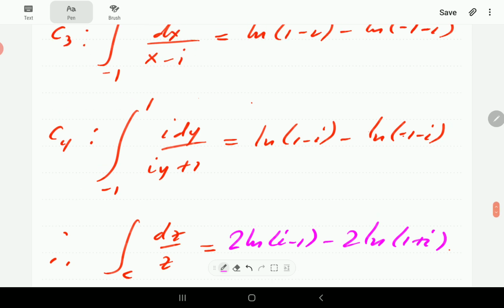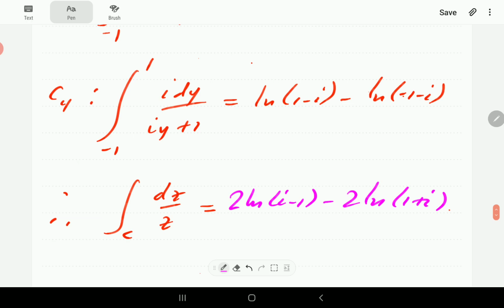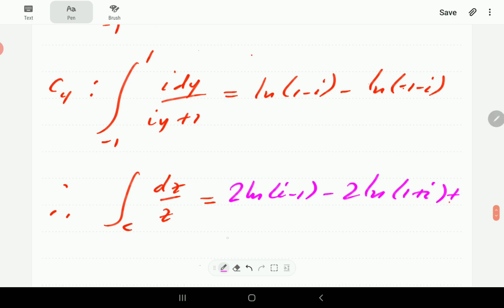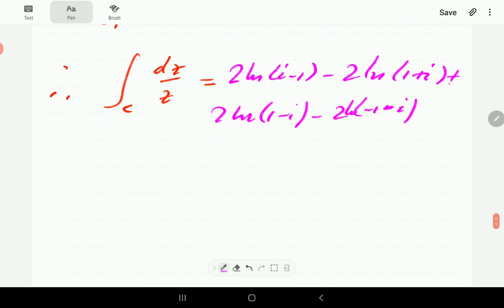And then C4 and C3, again, they're exactly the same. We have got plus 2 ln of 1 minus i minus 2 ln of minus 1 minus i. Now, as already mentioned, when we work with these, we just do the principal values.